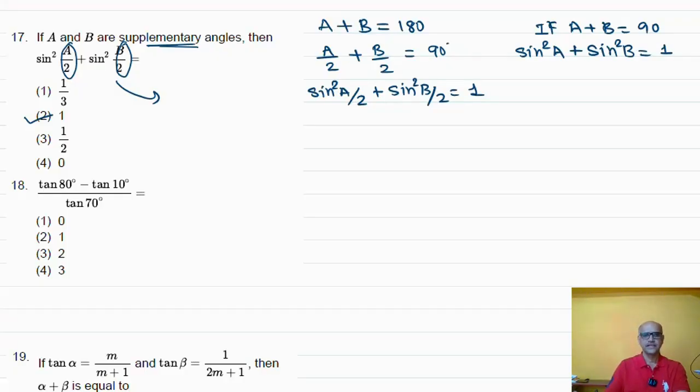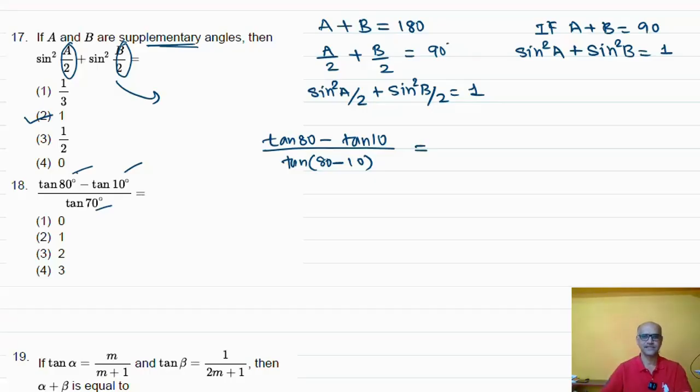Clear? Next, 18th. Here again if you observe 80 degree, 10 degree, 70 degree. The denominator 70 I can write as 80 minus 10. So numerator tan 80 minus tan 10, you keep as it is.